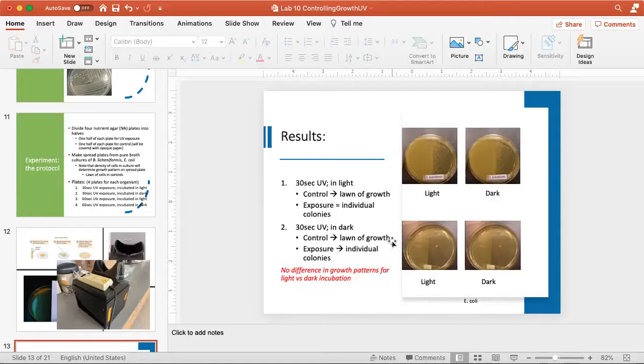We saw it on both of the 30-second plates. Remember, we have 2 plates that got exposed to 30 seconds, 2 plates that got exposed to 60 seconds for each organism. So our controls worked great. We saw a lawn of growth on the covered side. On the exposed side, we did not get a lawn of growth, but we did get some individual colonies growing.